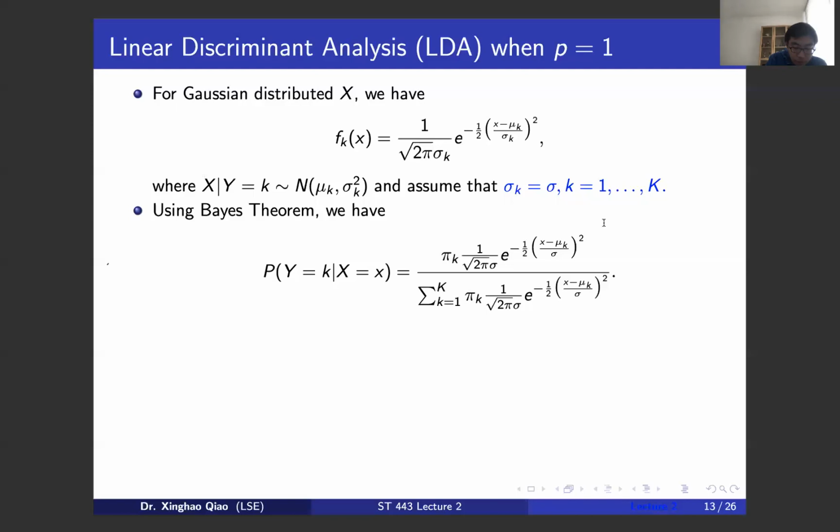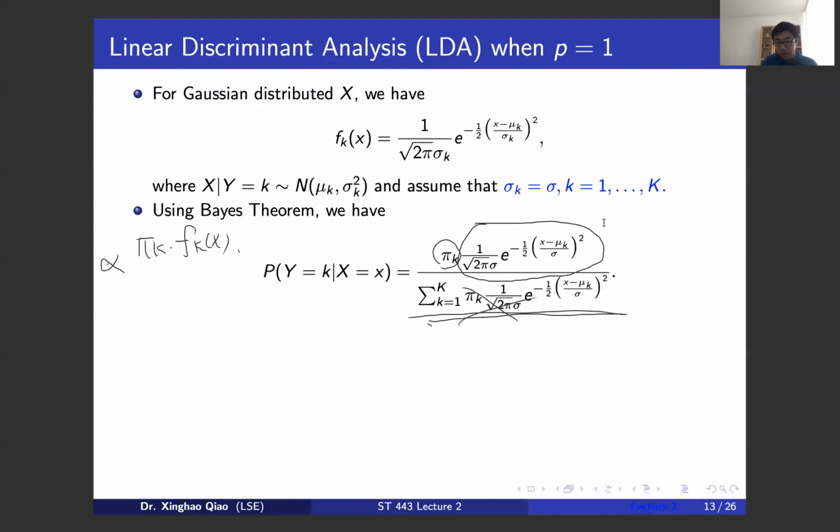It will be proportional to the prior probability times the density function. This is the prior probability, and this is the density function for x, assuming that Y belongs to the kth class. The denominator is a constant with respect to k, so we will not consider it.